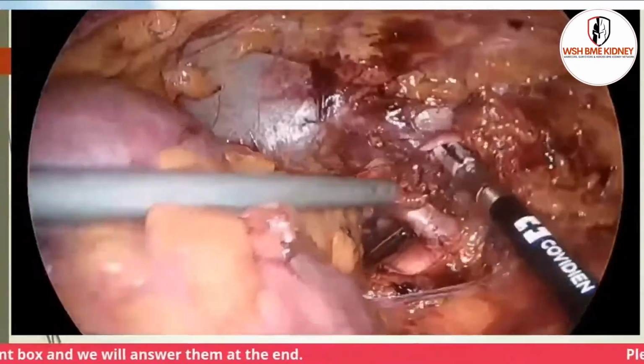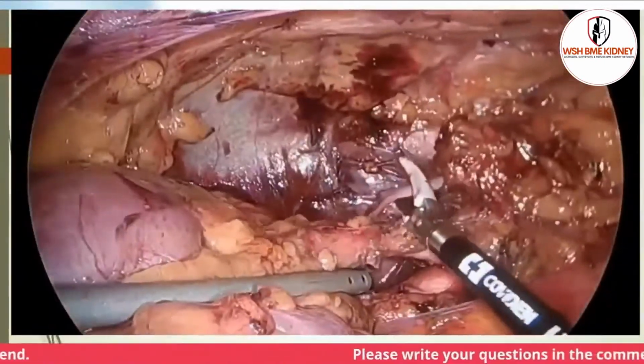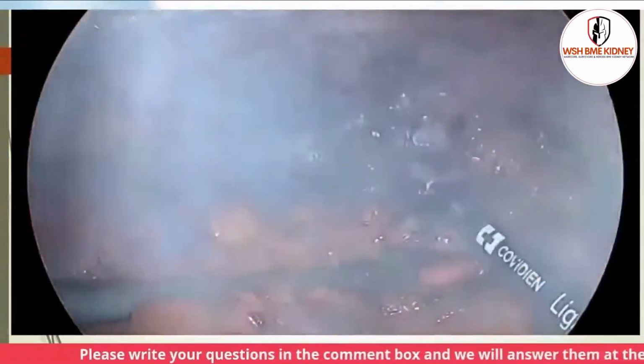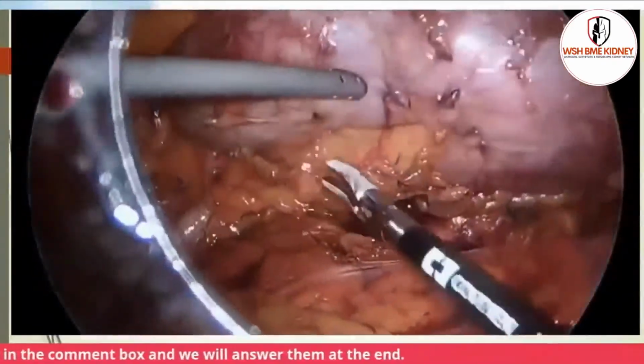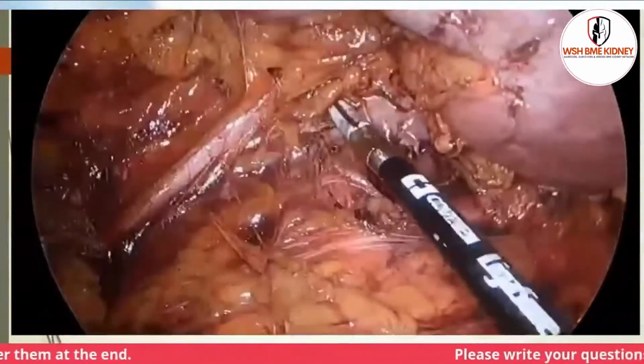The adrenal vein is being divided. And then now we have the kidney, and the gonadal vein also will be divided now.